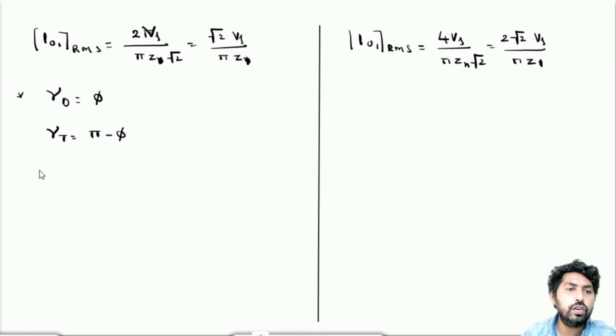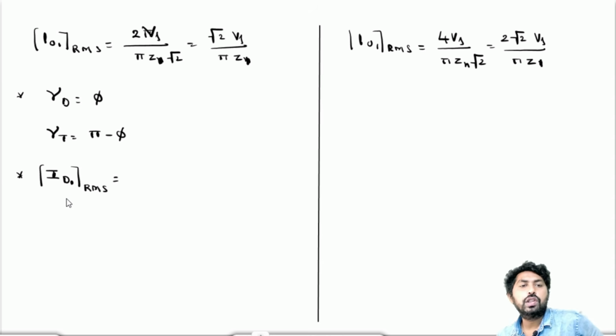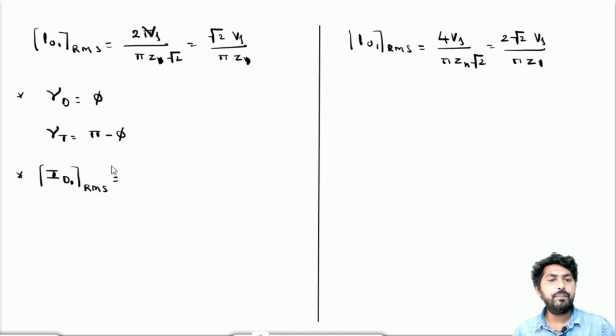So if I want to find the fundamental diode current, ID1 RMS, it will be the average value, so we can take the limits with 1 by 2π.